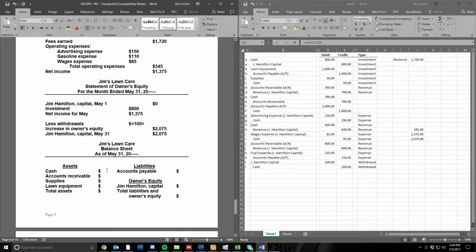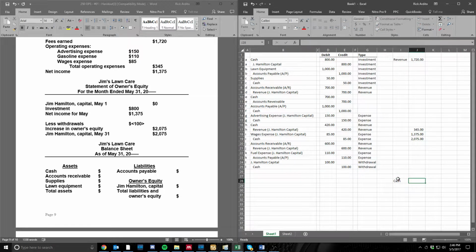Now let's look at our balance sheet. Okay, so what we have to do is we have to look at everything that affected our cash account. So cash, here we have an addition to cash here. There's cash again. We subtracted cash here. We added cash here. We subtracted cash here and here and here and here.